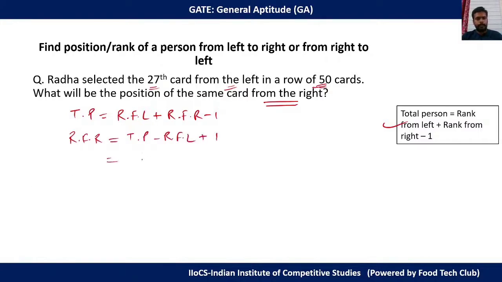Total person means total cards, 50, minus rank from left, given as 27, plus 1. 50 minus 27 is 23, plus 1, so 24 is the right answer. So if I am to write the answer, the position of the same card from the right hand is 24.